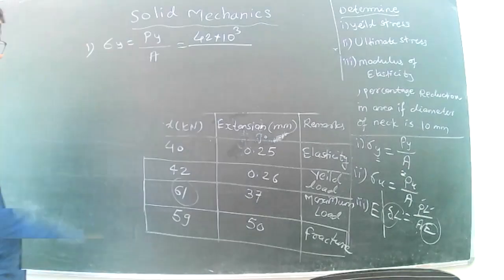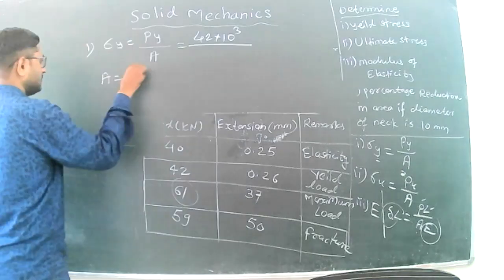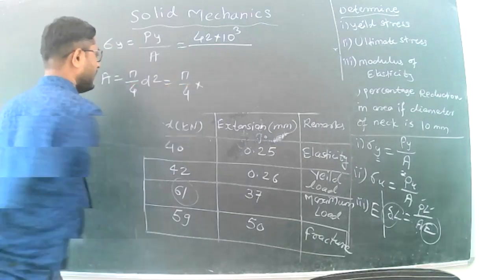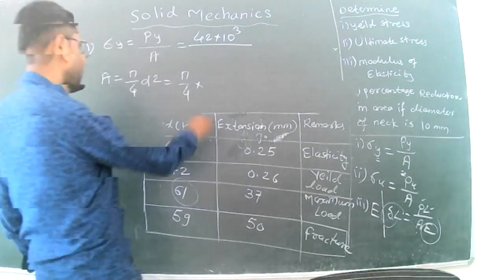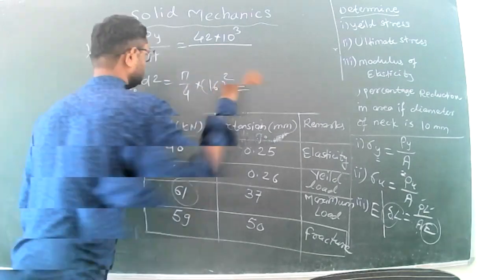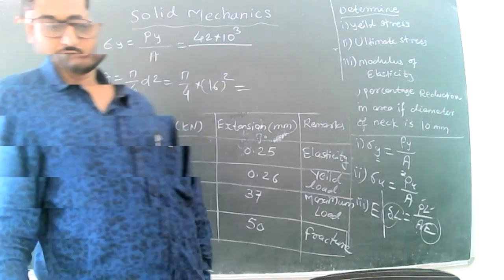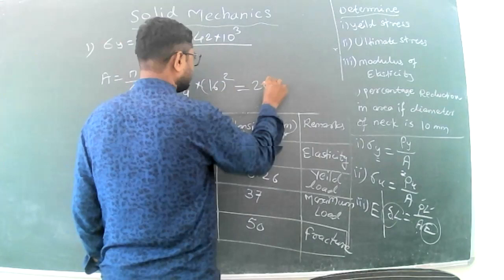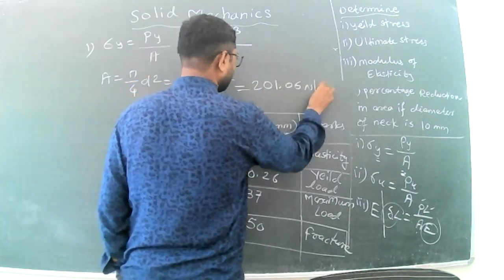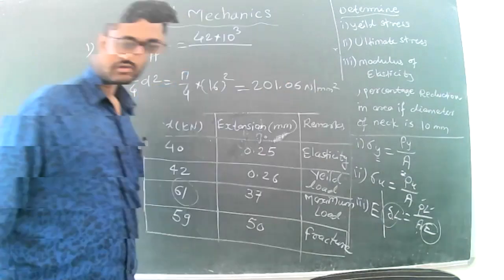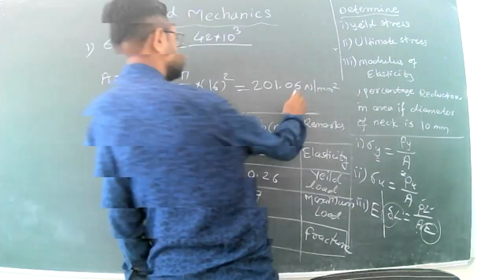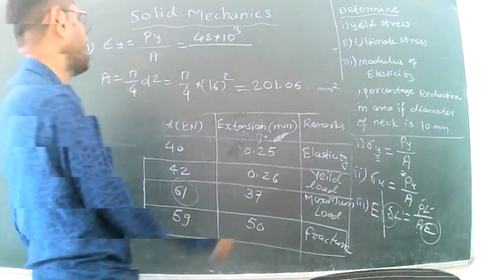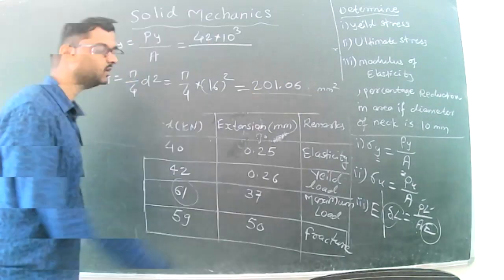How to find area? Area of bar is pi by 4 d square. Diameter of bar is 60 mm, so pi by 4 into 60 square. By calculation, area is 201.06 mm square.